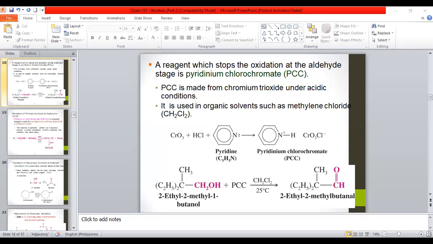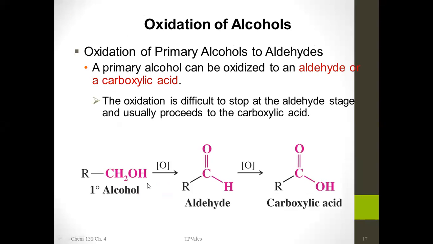Okay, so looking back to our slides now, one reaction we have already mentioned is that sometimes when we do oxidation of an alcohol to an aldehyde, a more oxidized form of your alcohol, the oxidation continues. And in the usual reaction setting, if we don't separate our oxidizing agent, it will oxidize further.